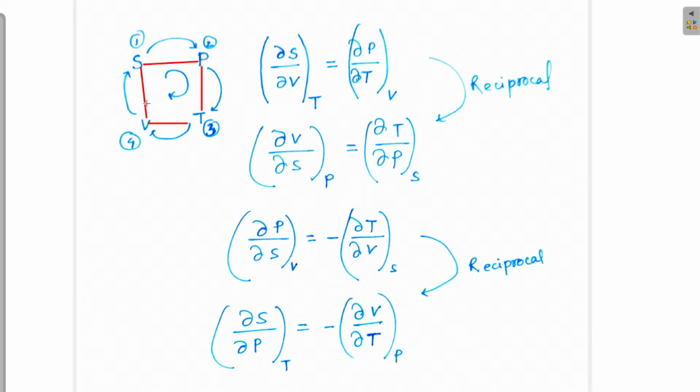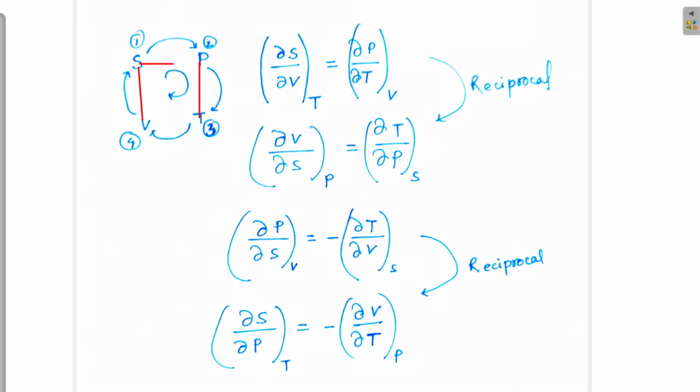The next step is I will start writing the Maxwell relations. I will start from S, so from 1, and I will take two pairs: from 1 to 4 and 2 to 3.